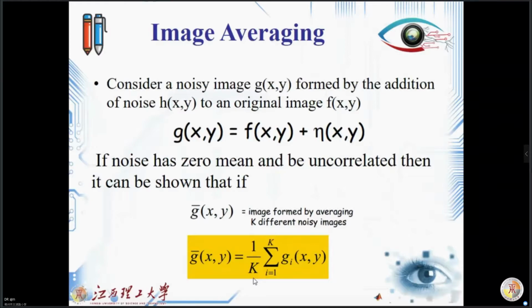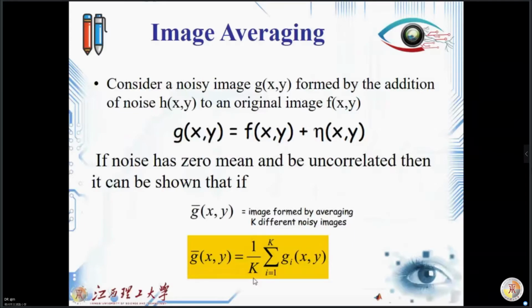Then I can say that if I have a noisy picture, my original image, which I can call f(x,y), is added with eta(x,y). It means that if I can remove this term eta from my g(x,y), then I have the pure, best quality image.